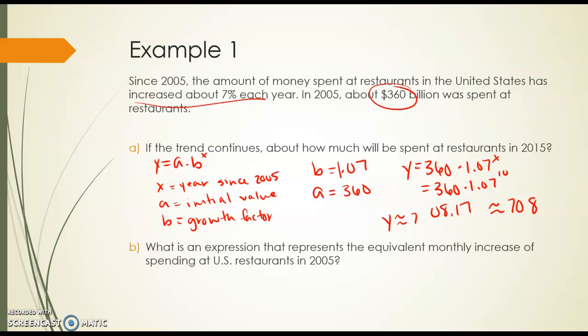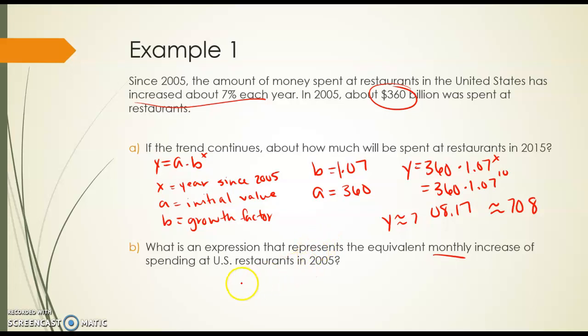What is an expression that represents the equivalent monthly increase of spending at U.S. restaurants? So what we are going to need for this one is to find where r is approximately the monthly growth factor and m is the number of months, because it wants us to do a monthly increase.